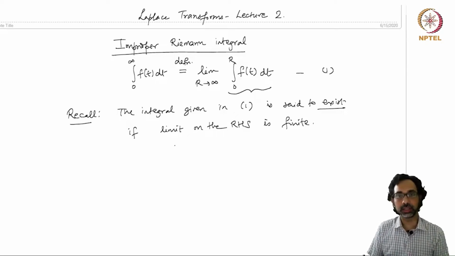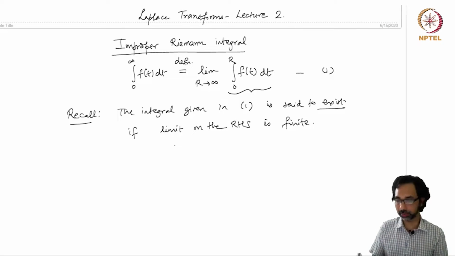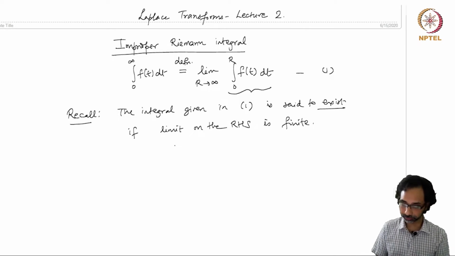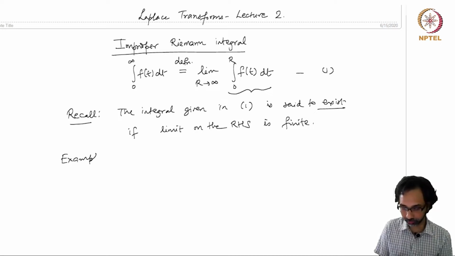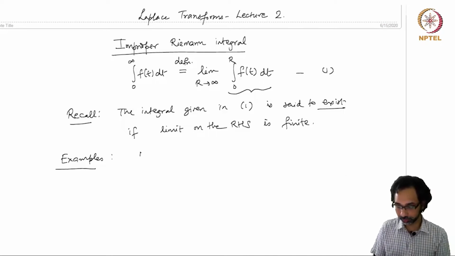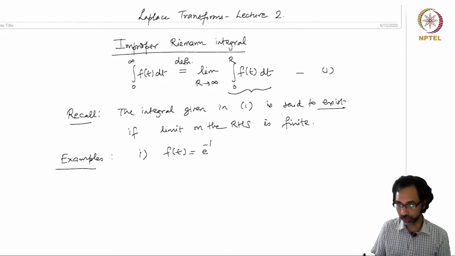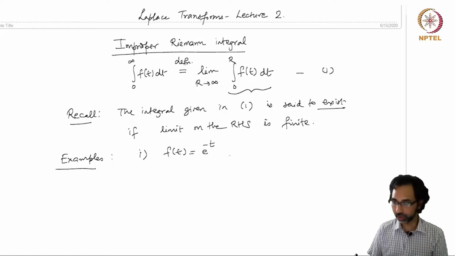Now to see some examples and non-examples of this improper Riemann integral, let us take the following example, which we have already seen. First one is f(t) is e to the minus t.